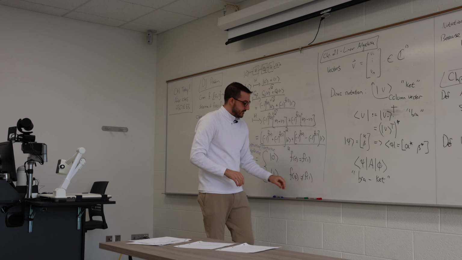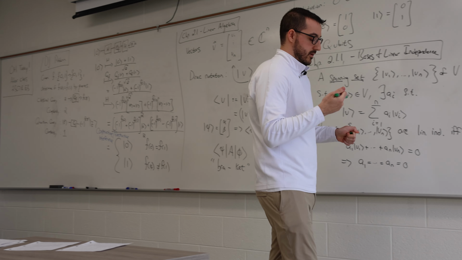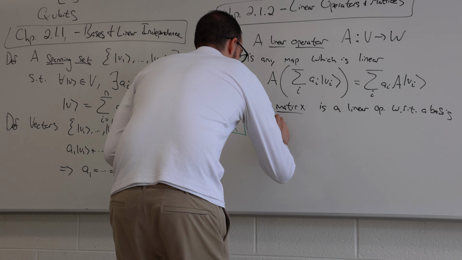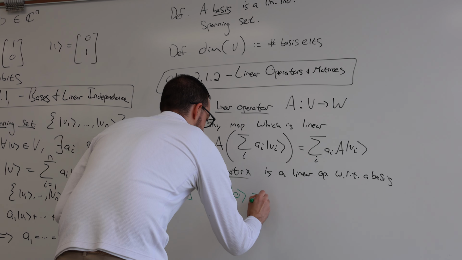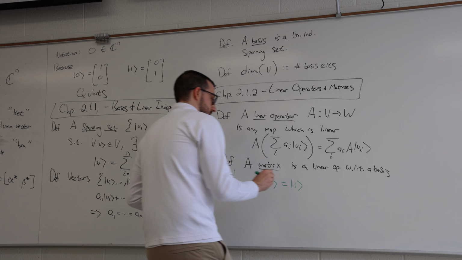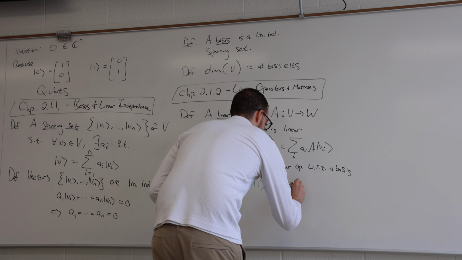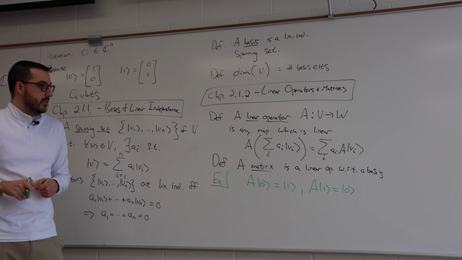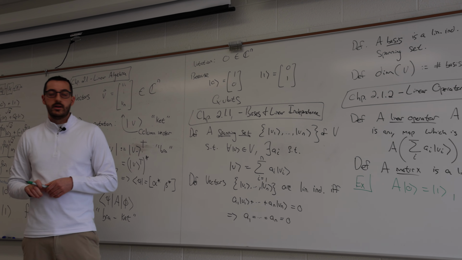Let's suppose that I define the following linear operator. A acting on ket 0 being equal to ket 1, and A acting on ket 1 being equal to ket 0. This is a definition of a linear operator.